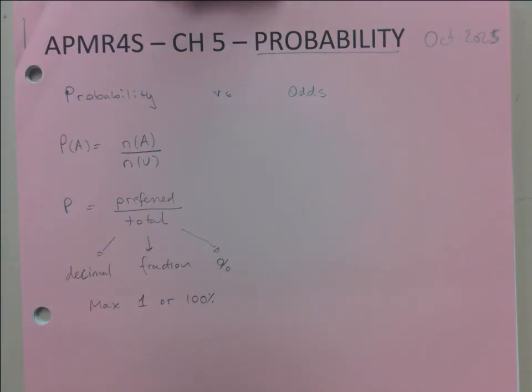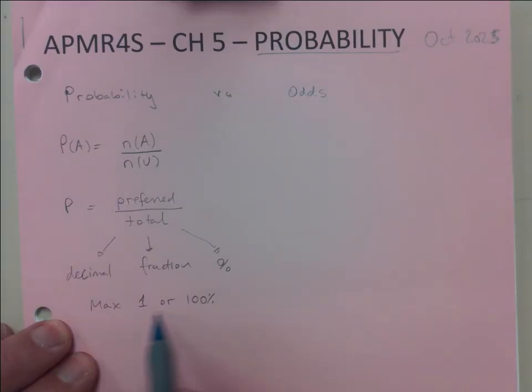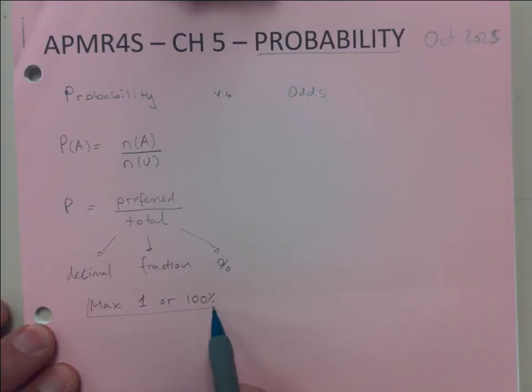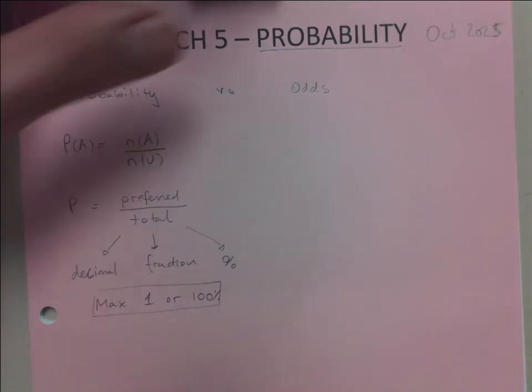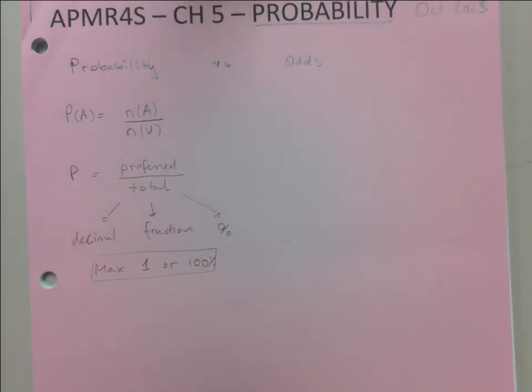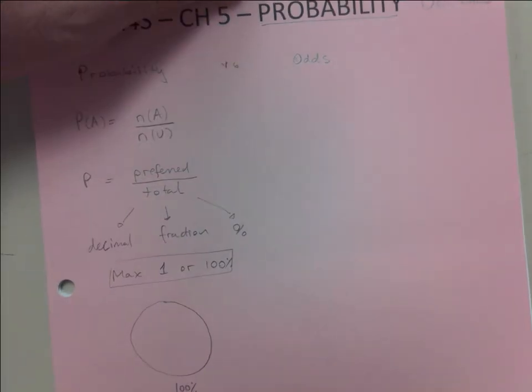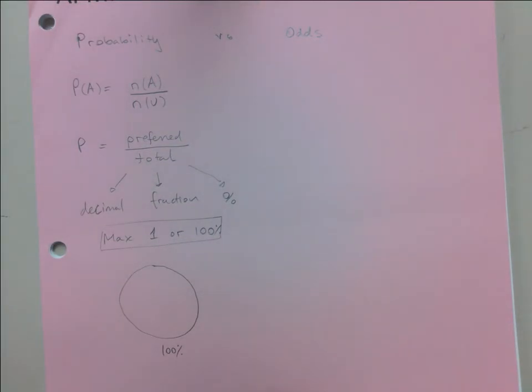There's no such thing as 120% chance of rain tomorrow. You can talk about a 120% increase in price, but when it comes to probability, the maximum is 100%. Think of a pie chart, which is 100% if you're talking percentage, or just 1 if we're talking decimals.